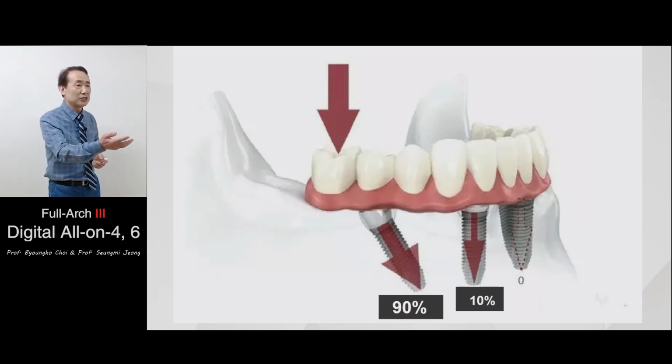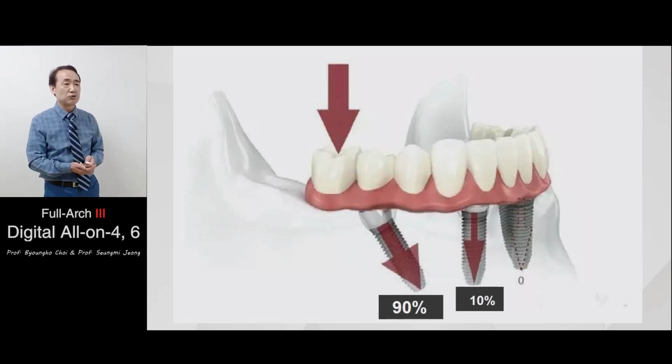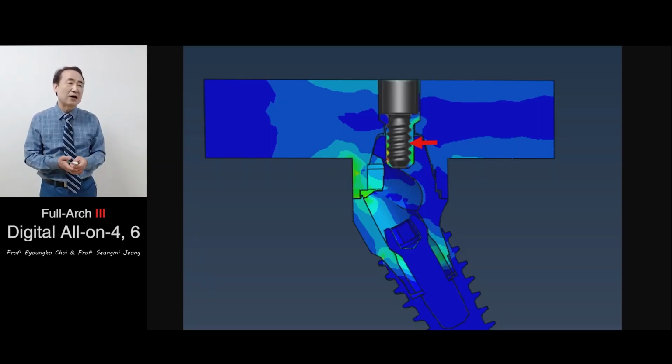The most stress is concentrated on the distal implant, especially on this tiny screw. We need to reduce the stress on the screw to prevent screw loosening or screw fracture.